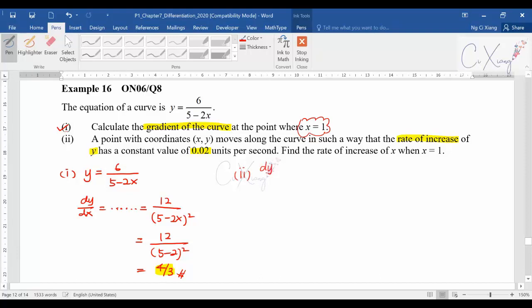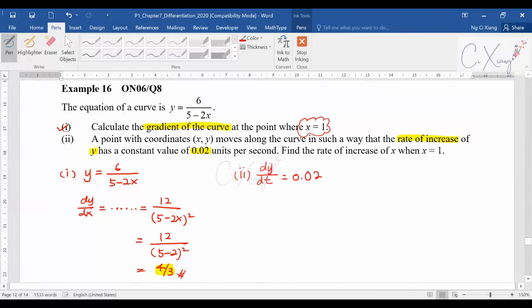The rate of increase of y, so it's dy over dt. And I told you already, the rate of change of something is always with respect to time. So dy over dt equals, increase means positive, 0.02.